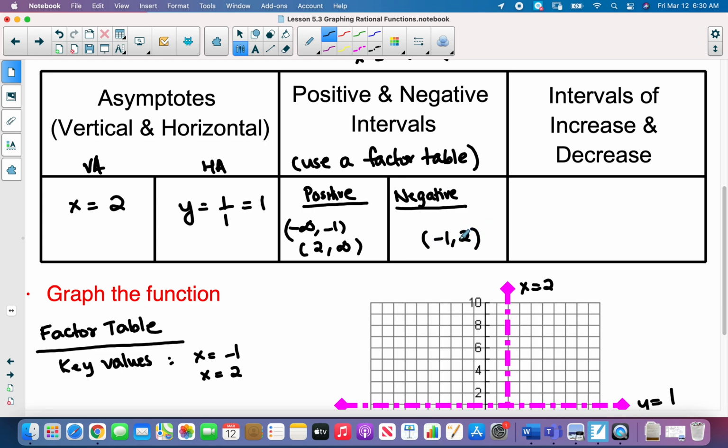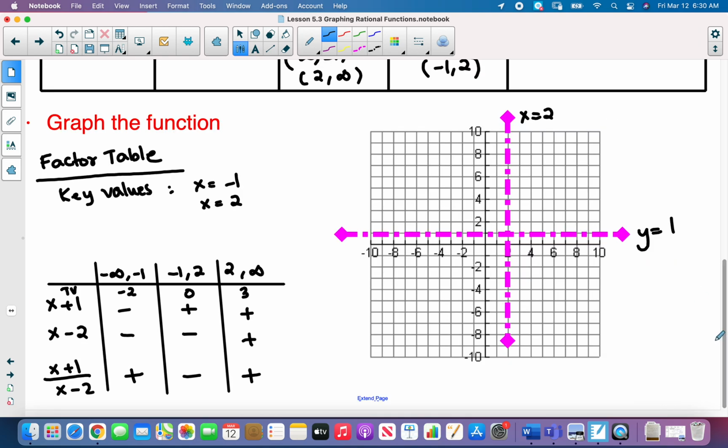And to find the intervals of increase and decrease, we can put some of the points that we have. So we have the x-intercept at x equals negative 1. So we have a point here. We have the y-intercept at negative 0.5, which is here.